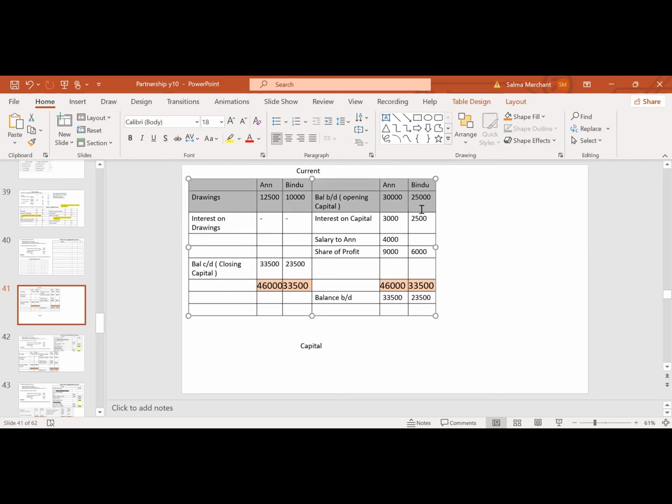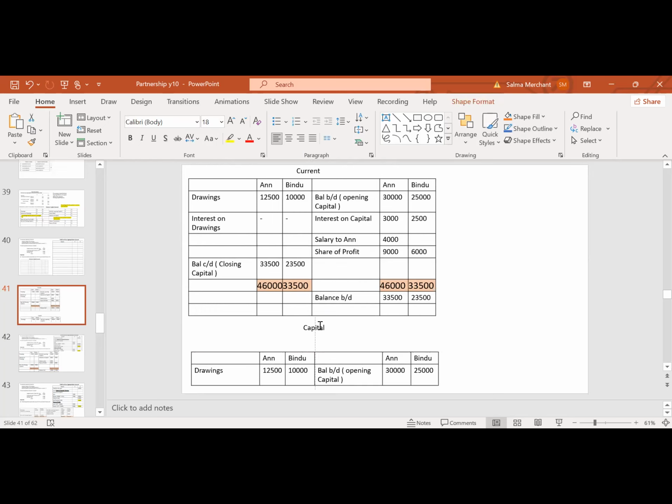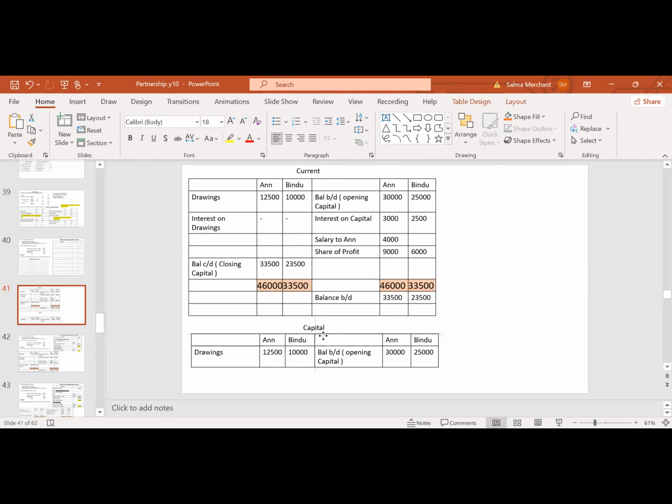What will they record in the capital account? In the capital account, they will only record the opening capital, and if there is any additional capital, they will record that. Everything else they will do in the current account.